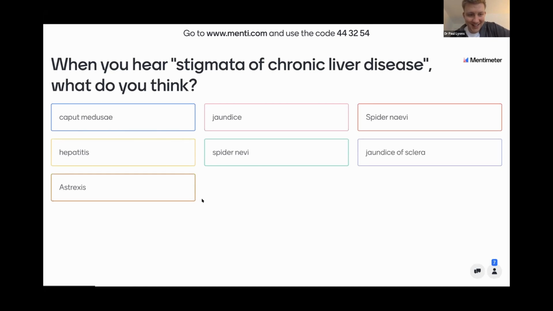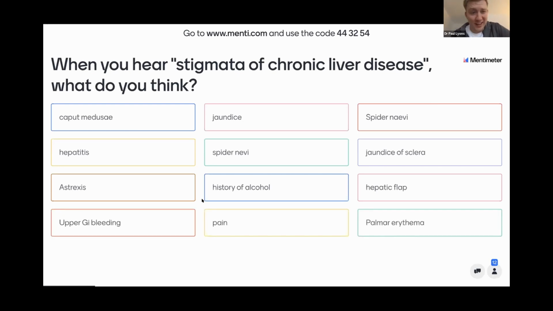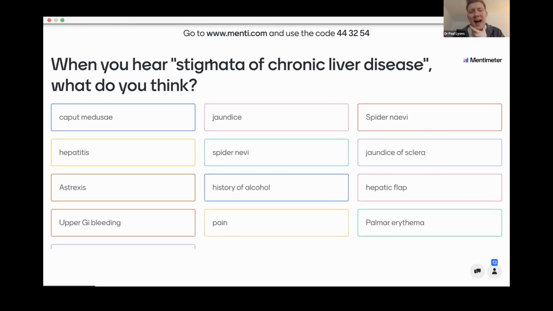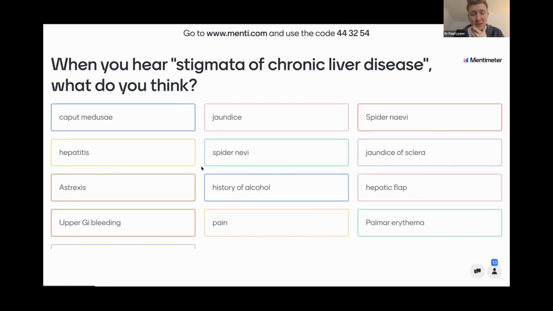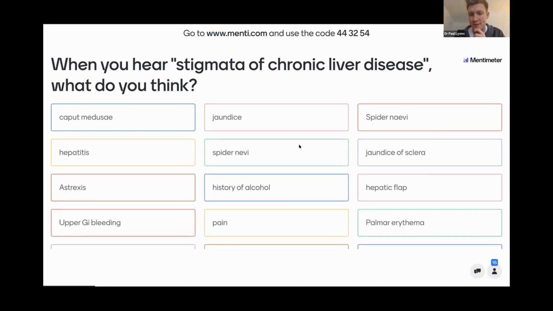Jaundice of the sclera, yes. Asterixis, absolutely, that's my favourite, if one can have a favourite dodgy liver sign. History of alcohol, absolutely. Hepatic flap, same as asterixis, wonderful. Upper GI bleeding, so hopefully you won't get that in your OSCE, because that'd be a bloody faff, wouldn't it? But yes, absolutely. Palmar erythema. All these things are very accurate and all very true, and all a bit abstract, I find. When I was a medical student trying to memorise all of these, I would forget quite a lot of them, so I'm going to try and see if I can stop that happening. Ascites, absolutely. Pruritus, wonderful.